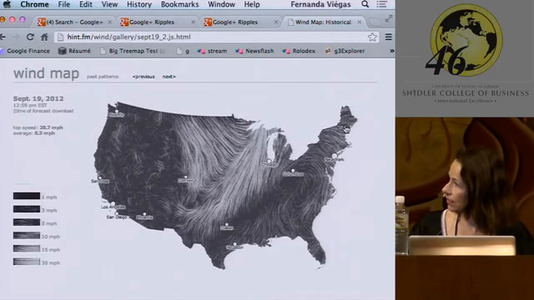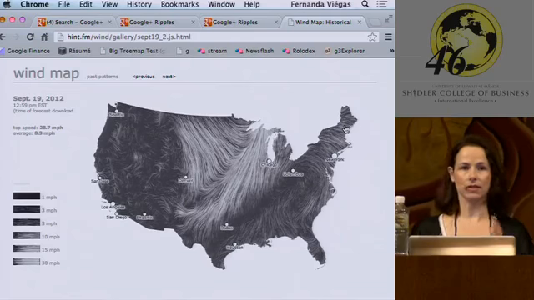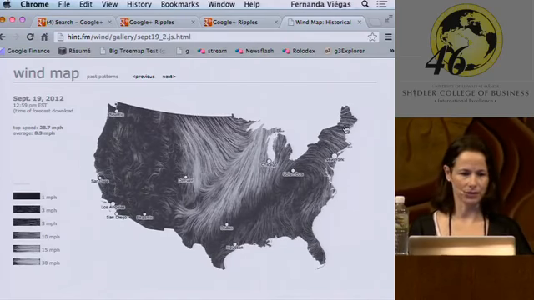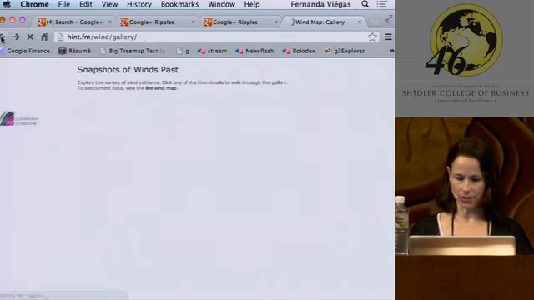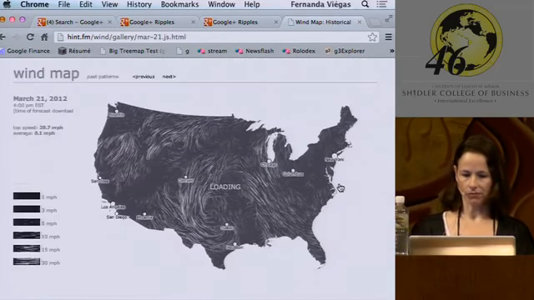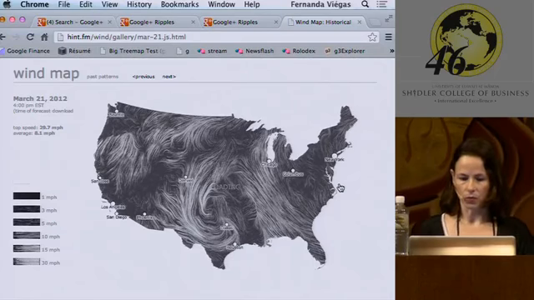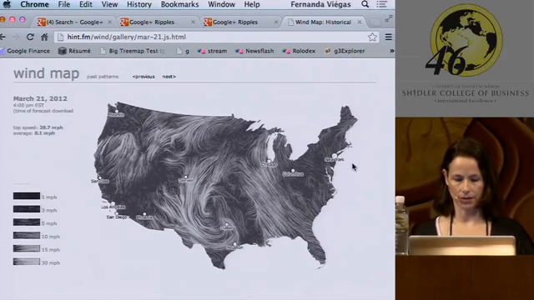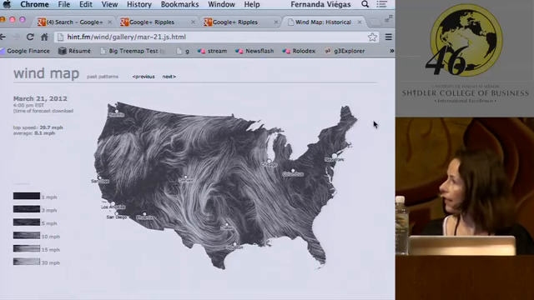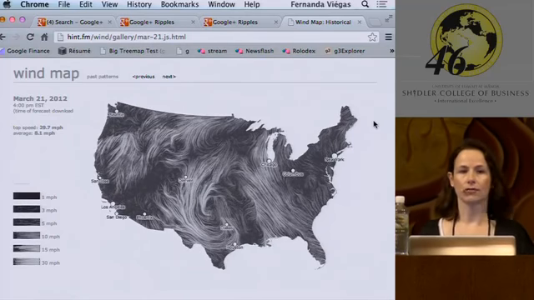So this is pretty dramatic. You can see this sort of harsh line in the middle of the country. You can see days like this where we had a lot of things going on in the Midwest and the southern part of the US. This was actually a week when we had a lot of tornadoes.